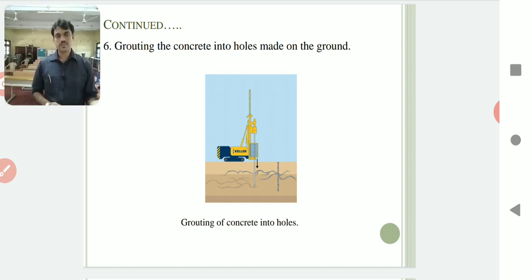Instead of sand we use a binding material like cement or concrete. Grouting the concrete into holes made on the ground gives more strength compared to sand piling. This is costlier, maybe uneconomical, but in unavoidable circumstances where the soil is sandy, we will use this type of grouting method.